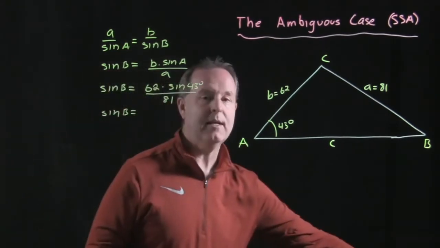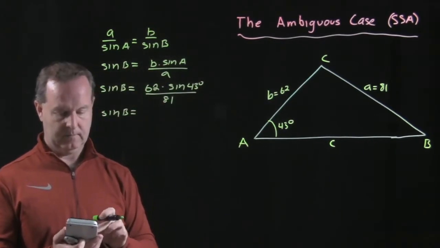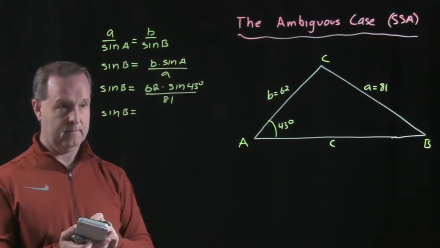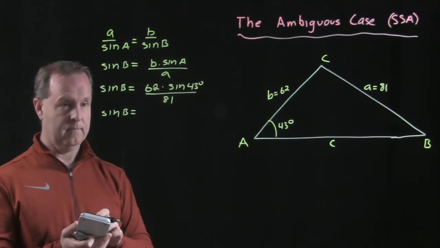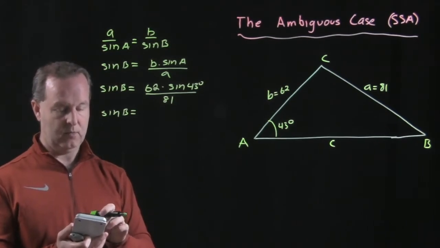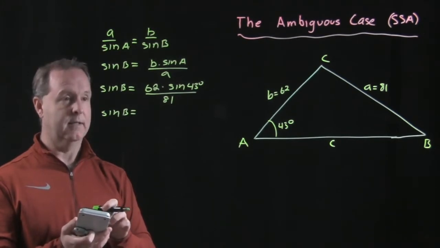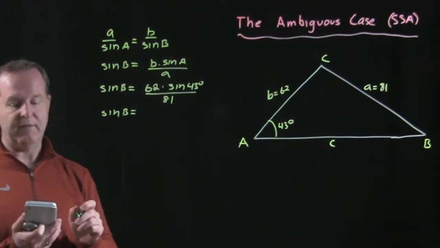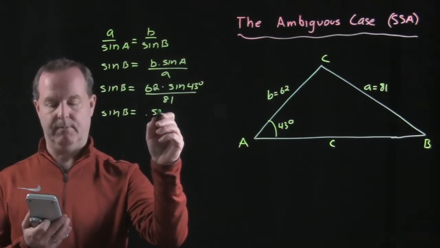So the sine of B equals 62 times the sine of 43 divided by 81, which equals 0.5220, and so on. I'll round off to four decimal points.